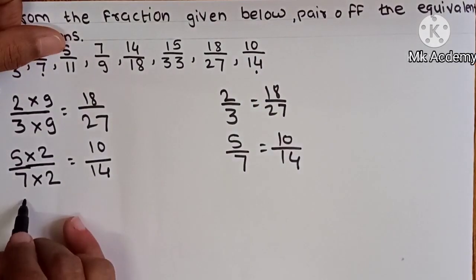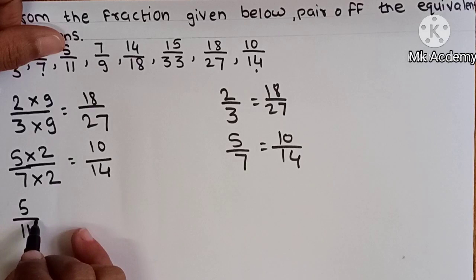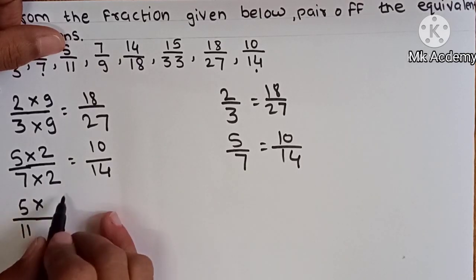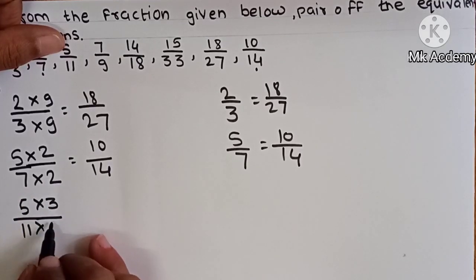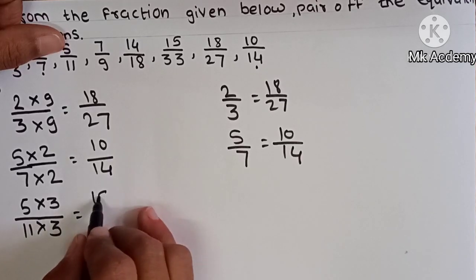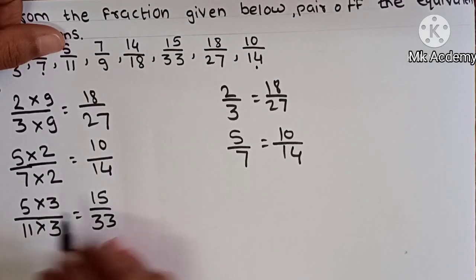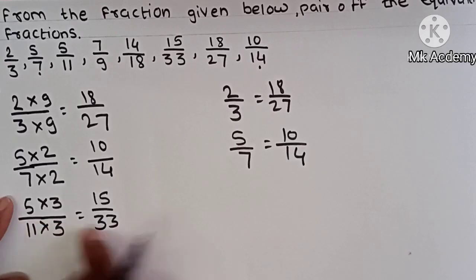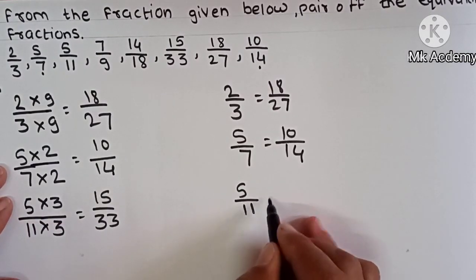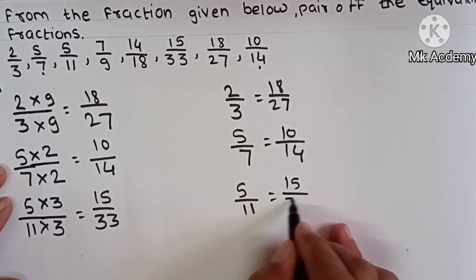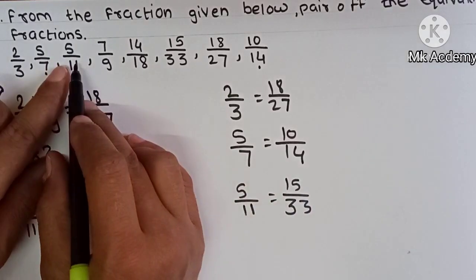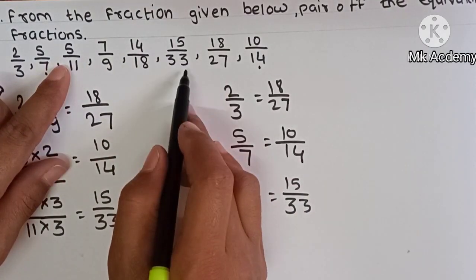Now next, 5 upon 11. Now we multiply 3 at the numerator and denominator, we get 15 upon 33, which means 5 upon 11 is equal to 15 upon 33. See, 5 upon 11 and 15 upon 33.